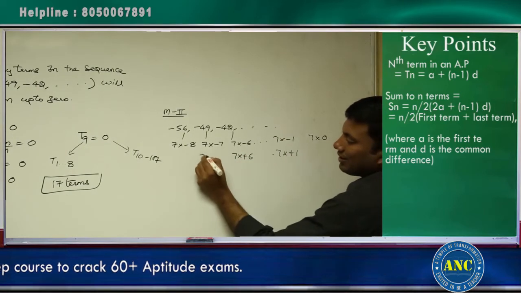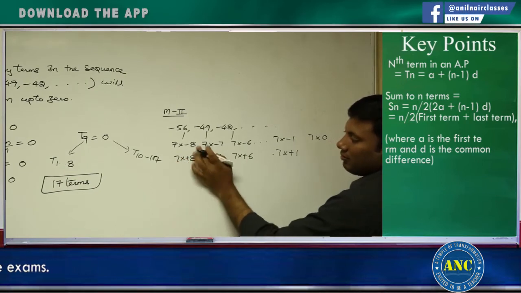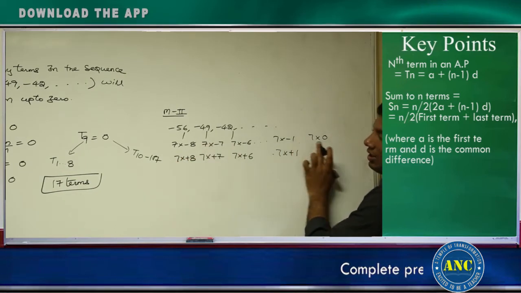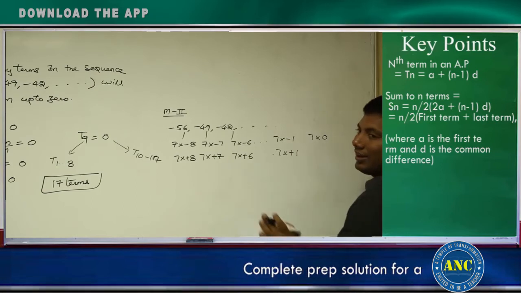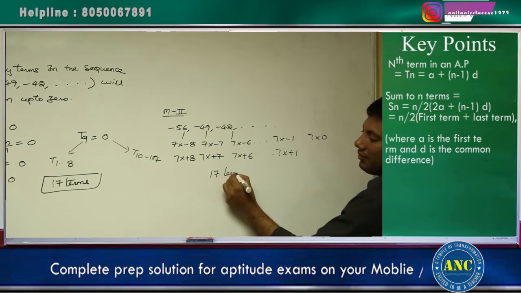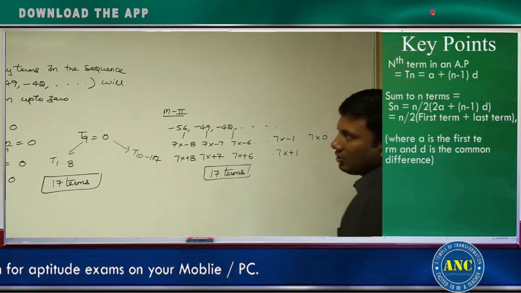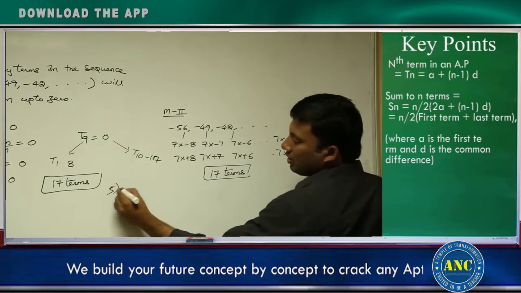It should get cancelled, right? Minus 8 to minus 1 is 8 terms, 0 is one term, 1 to 8 is 8 terms. Total how many? 17.